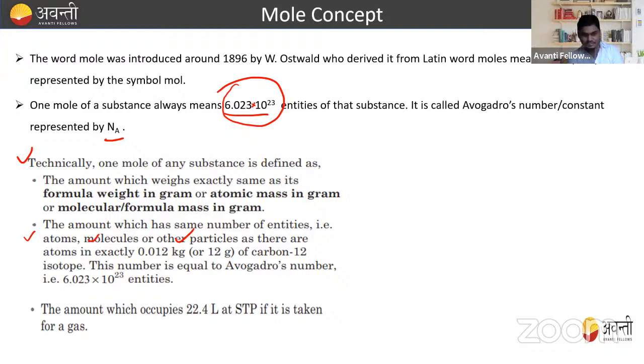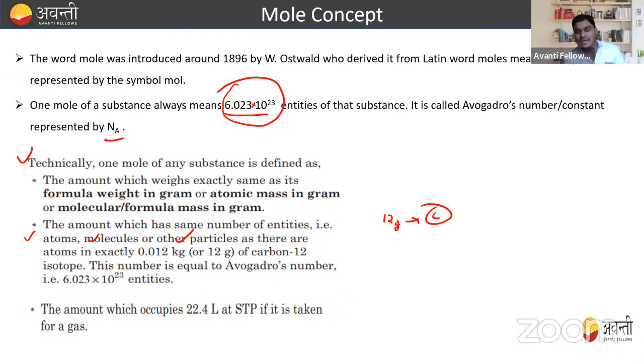It means 12 gram of carbon contains 6.023 into 10 to the power 23 atoms, right? Exactly the molecules or ions or other particles, as there are atoms in exactly this much gram.